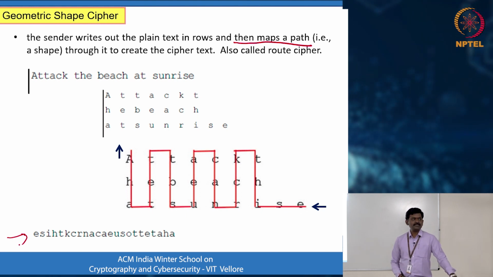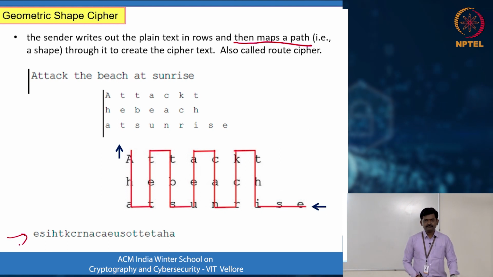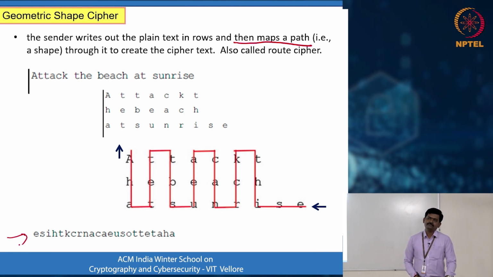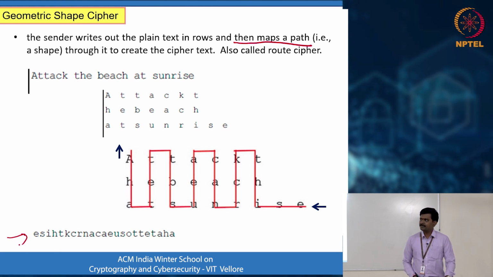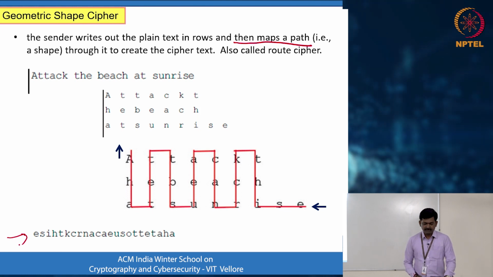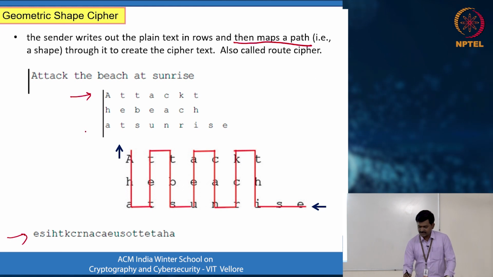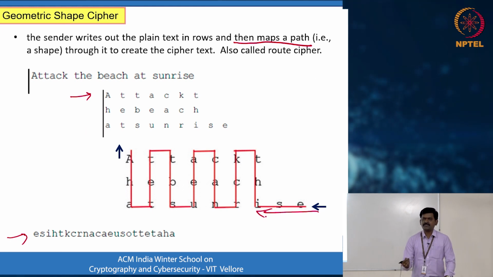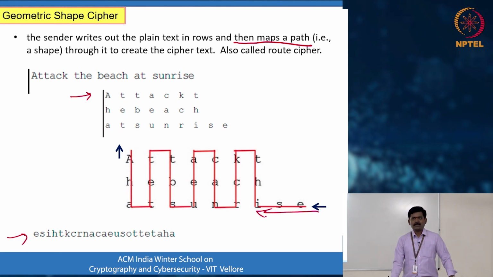This is called geometric shape cipher. Now what is the key here? Shape, mainly shape and the way you have arranged, right? The way you have arranged. See this, the way of your arrangement and the shape that you have made forms the key. Are you able to follow?